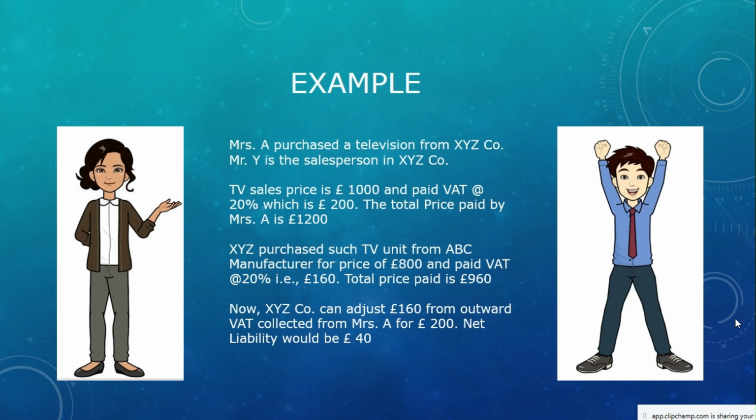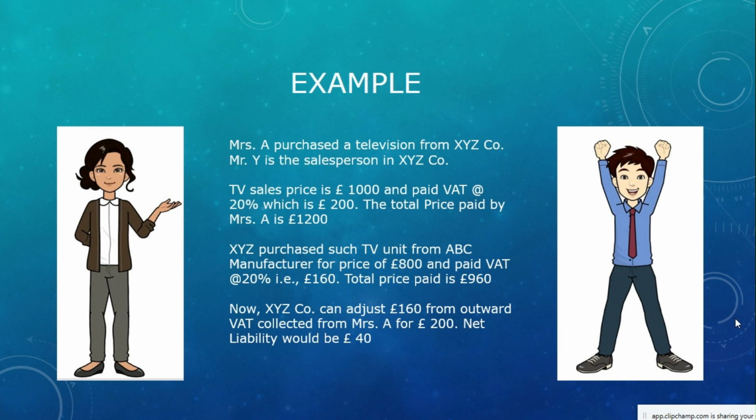So the total sale price that XYZ will charge to Mrs. A is £1,200. Mrs. A paid £1,200 to the XYZ company, and she just purchased that television from that showroom.